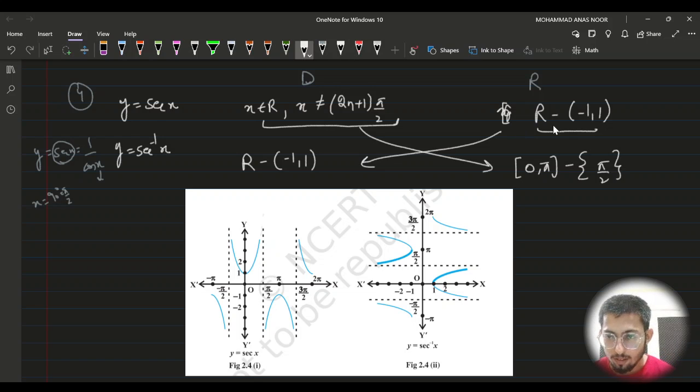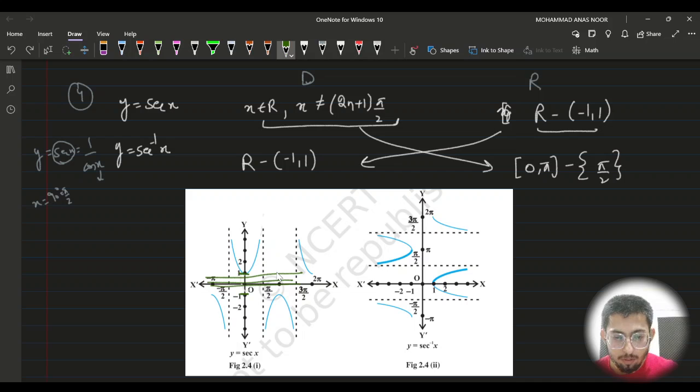And the range is real numbers minus 1 to 1. You can see clearly here that this function is not taking any value from minus 1 to 1. This is a hole here. From minus 1 to 1, there is no value of sec x.